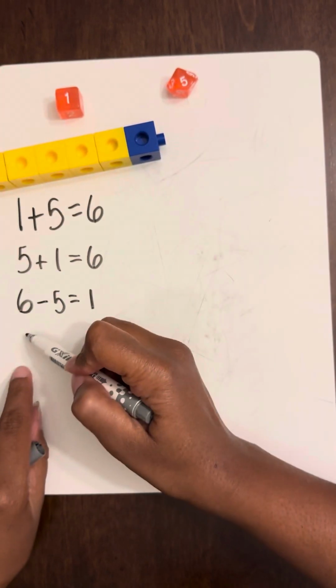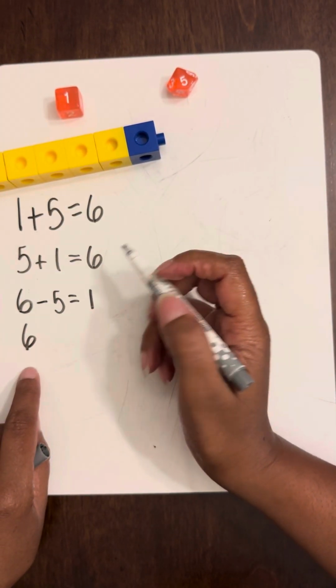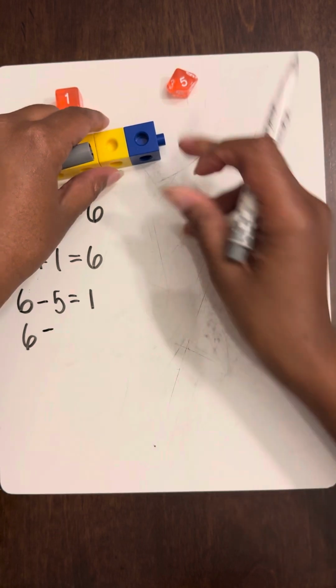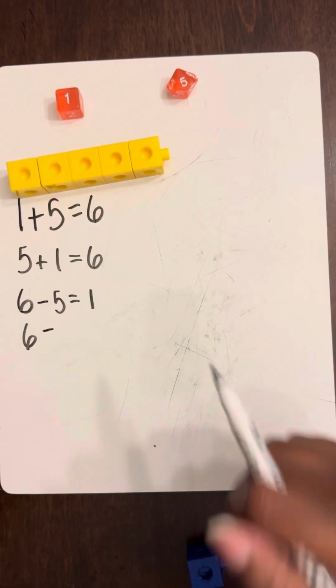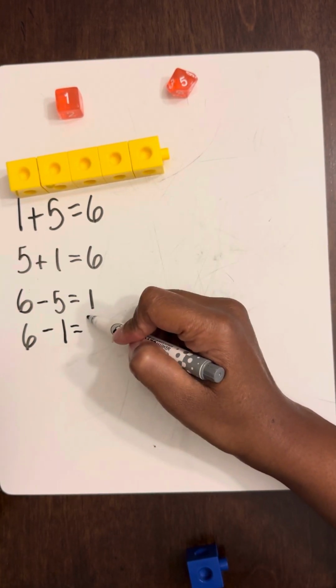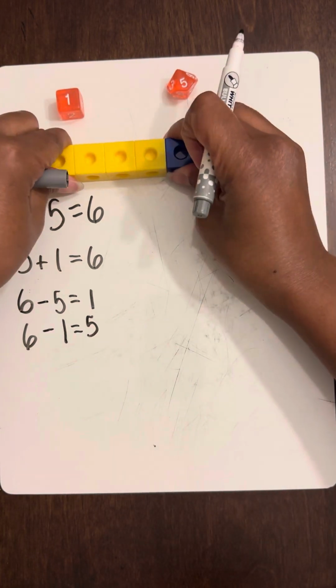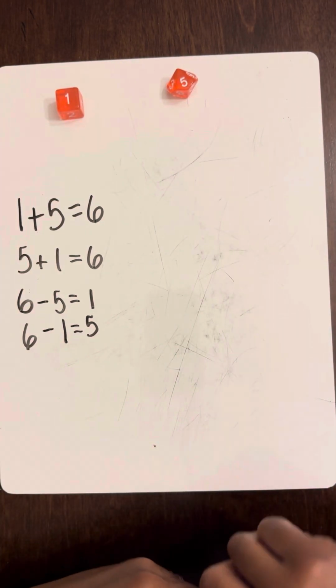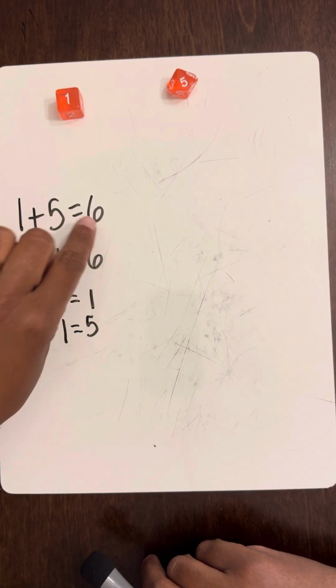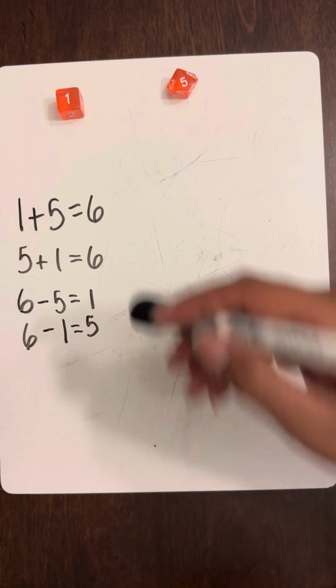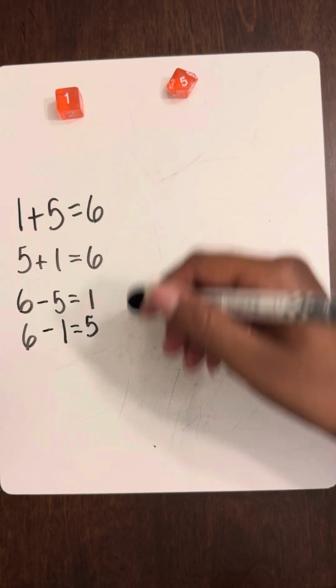Putting it back together. 6 is the total. I take away the 1 this time, and I'm left with 5. Using this strategy and understanding the way that 1, 5, and 6 work together helps me know 4 different facts.